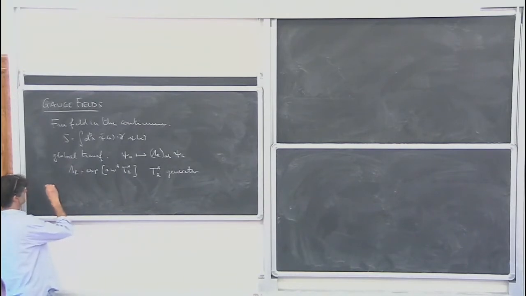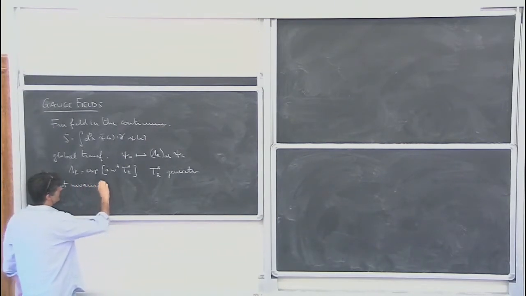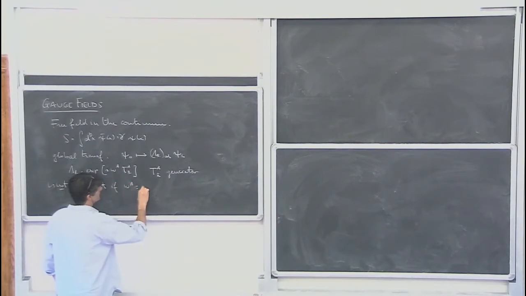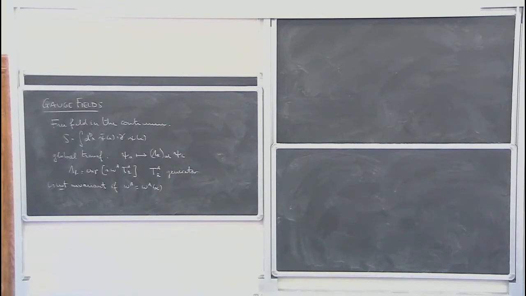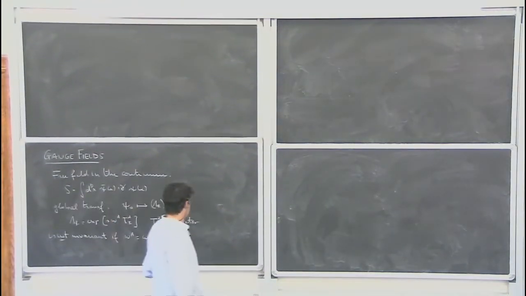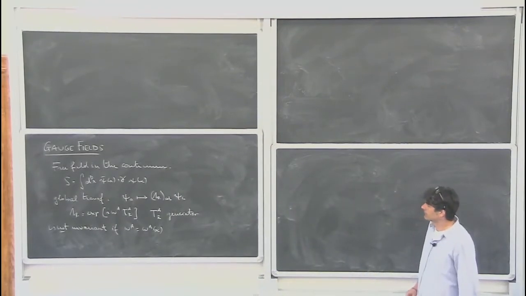Okay? So now, as you know very well, the free action up here is not invariant if we make these transformations local. So if the transformation depends on the position in space-time. And you may have seen the solution to this problem.